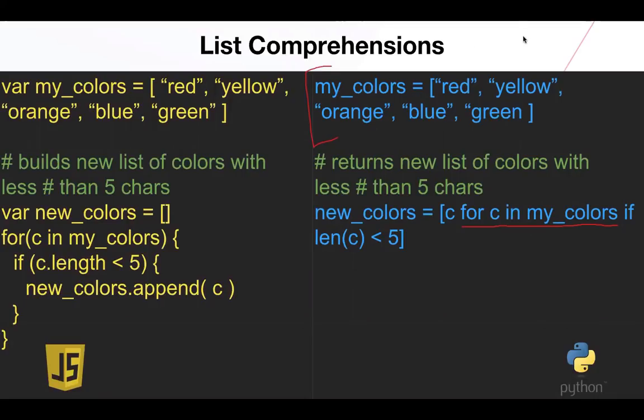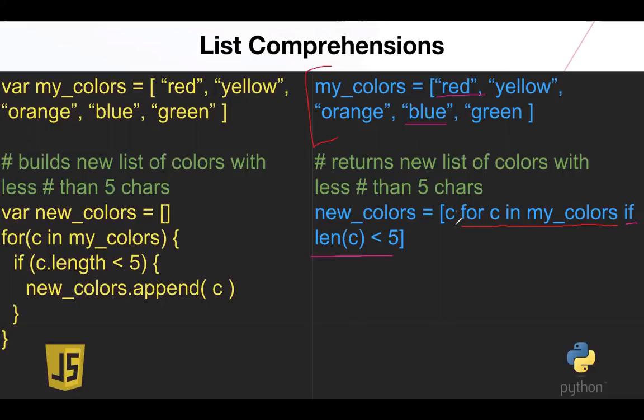But we're not necessarily going to include every single color from the original list because we have this condition here: if the length of that color is less than 5. So if I look at my original list of colors, there are only 2 colors whose length is less than 5, red and blue.